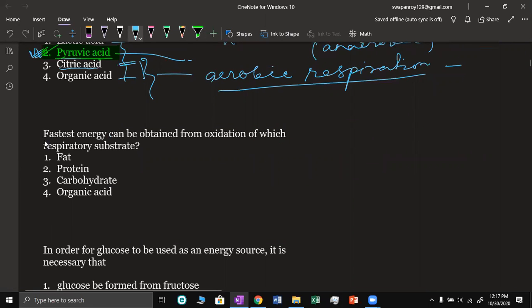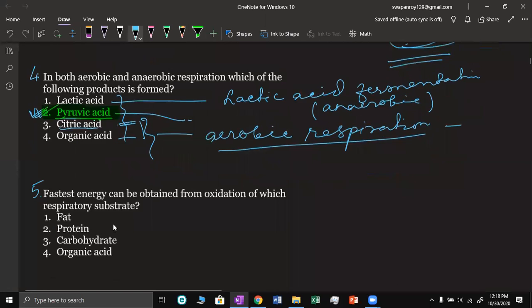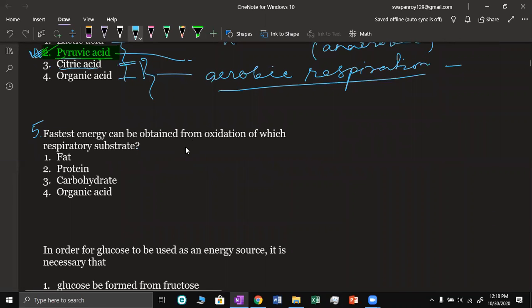Next, question number 5. Fastest energy can be obtained from oxidation of which respiratory substrate? Very fast. It is the fastest. Carbohydrate is the easiest thing to be oxidized and digested.